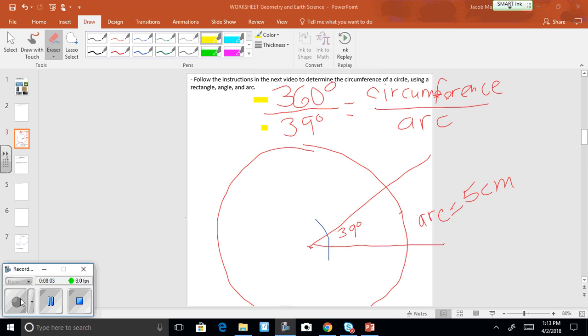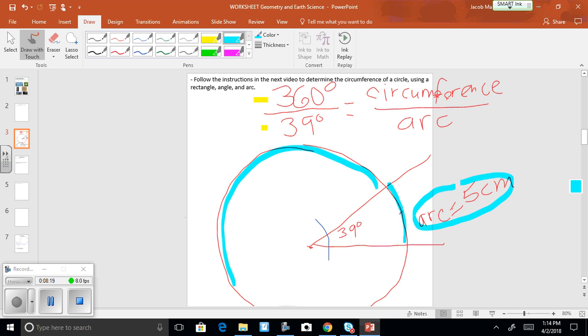Well, that angle right there on the circle itself is your arc, right? That arc is 5 centimeters, and that 5 centimeters is the length compared to the whole circumference, right? The circumference of that circle. Okay, so that's your circumference compared to your arc, right?